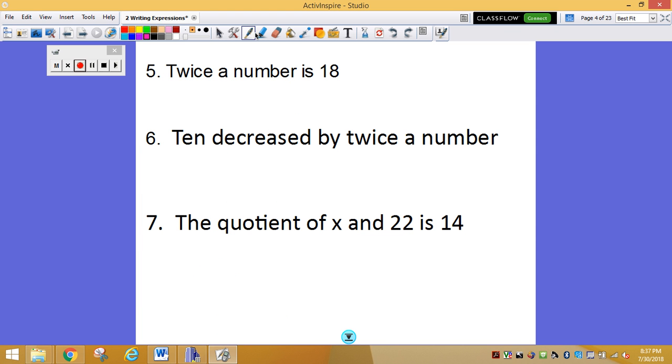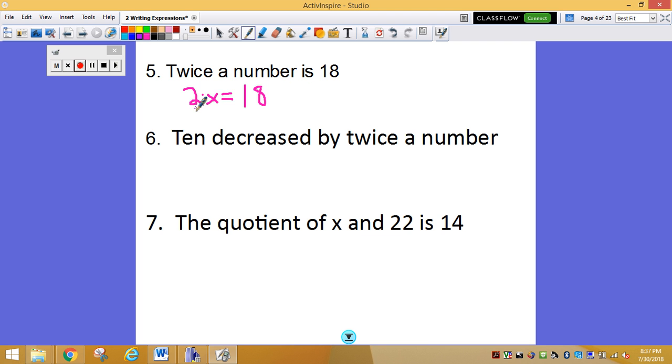Let's keep going. Twice a number. Twice is another one. It means you multiply by 2. So 2 times some number, we don't know what it is, 2 times a number, is, remember, is means equals 18. So let's go through all this again.